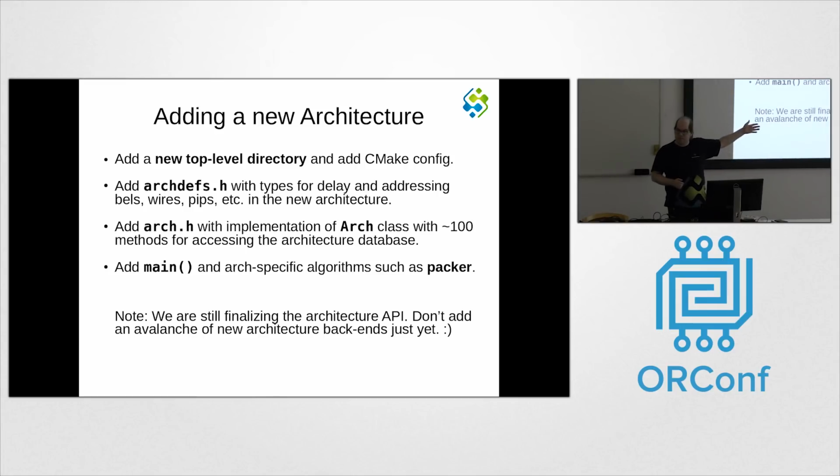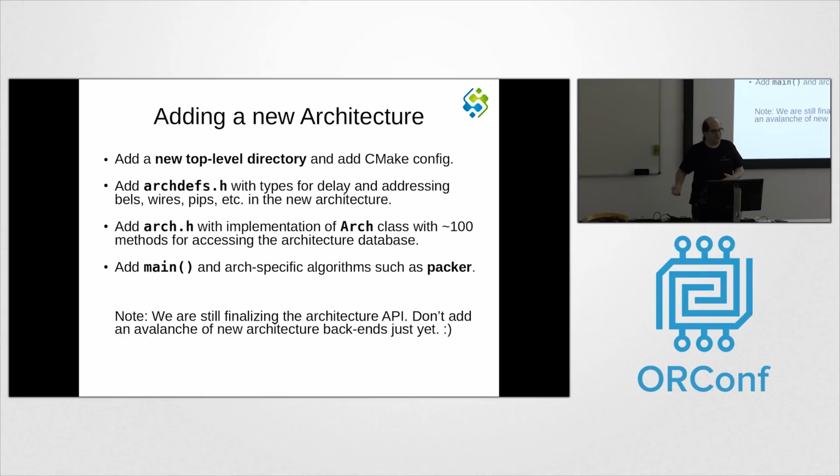One is archdefs.h, where you define data types used by your architecture. So there are a couple of data types, like a wire ID or a bell ID, that are architecture specific. So for one architecture, a wire might just be identified by an integer that points to some entry in a database.